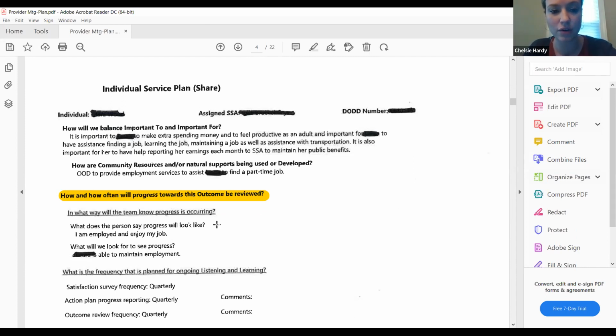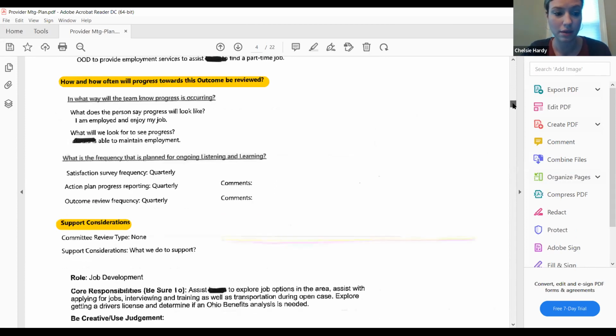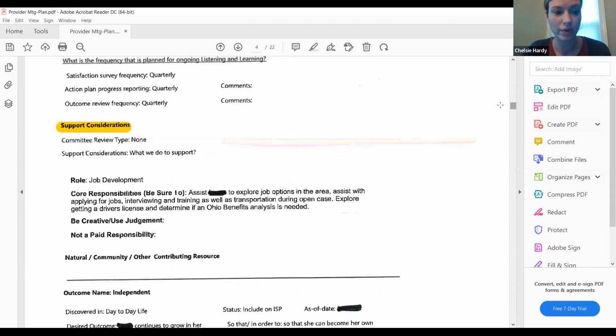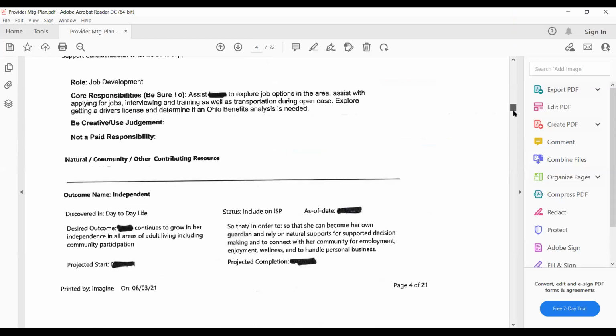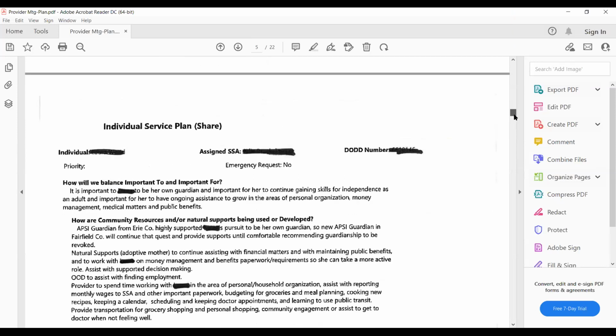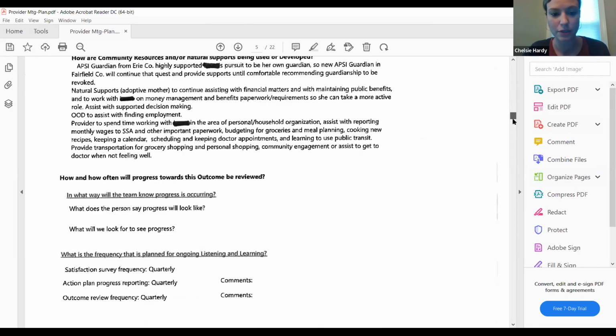So that kind of goes off of this area right here. And then we've got the support considerations, ways to work towards that outcome. And then this is a separate outcome, which we won't go through. It should be the exact same information.